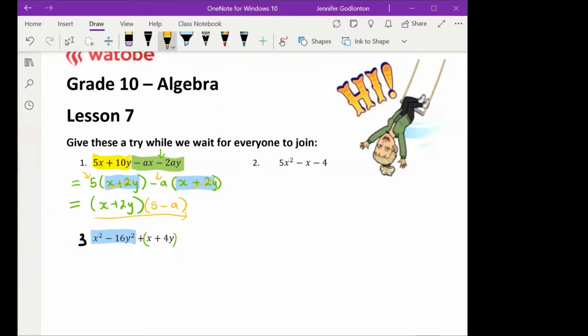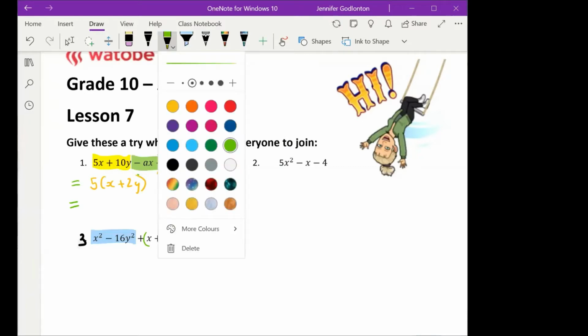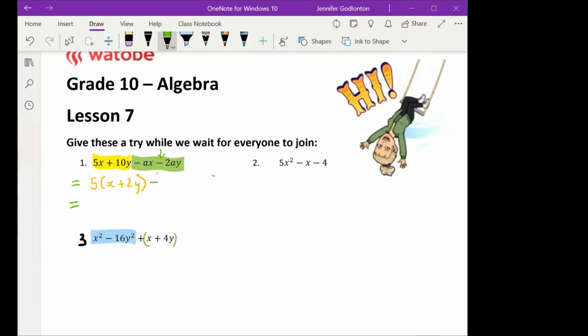Beautiful, Piwe. Nice. Yeah. Please explain again. Sure. Okay. So from our first two terms, we take out our highest common factor, which is 5. And I'd be left with x plus 2y. Then in my second two terms, I'm taking out my highest common factor of negative a, and I'd be left with x plus 2y.